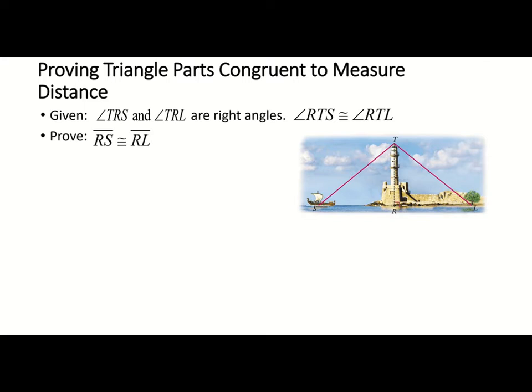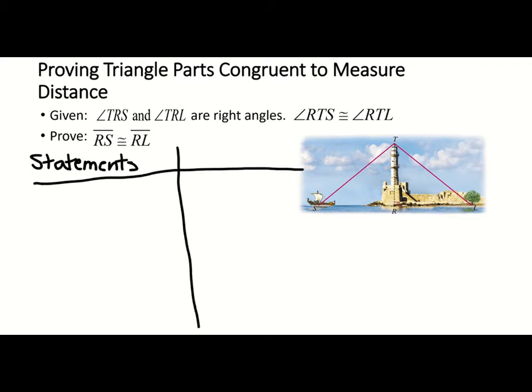Okay, so here you have a much better drawing to look at, and we're going to solve this proof. So I'm going to use my statements and my reasons. Okay, and the first one obviously is going to be our given.